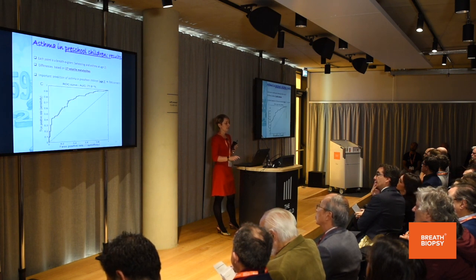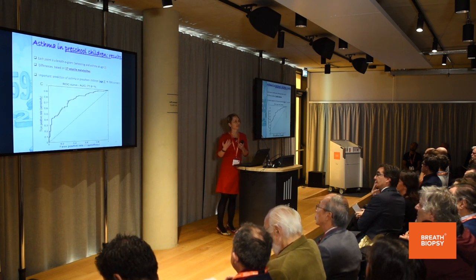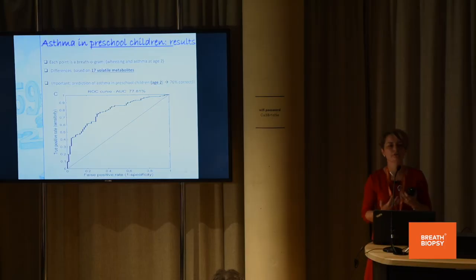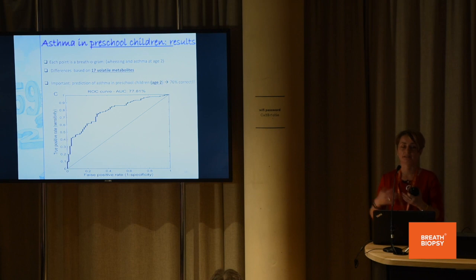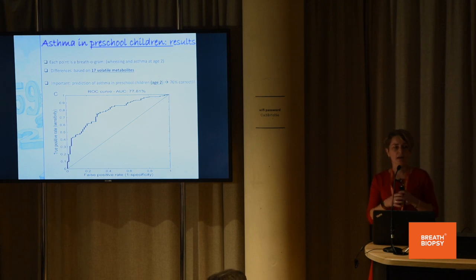But we can also look at our results differently. We can look at the so-called ROC curve, which is basically a relation between sensitivity and specificity. The sensitivity here is how well I can say that the child has asthma, and the specificity is how well I can say that the child has wheezing. What you see here is that we have around 75% sensitivity and specificity.